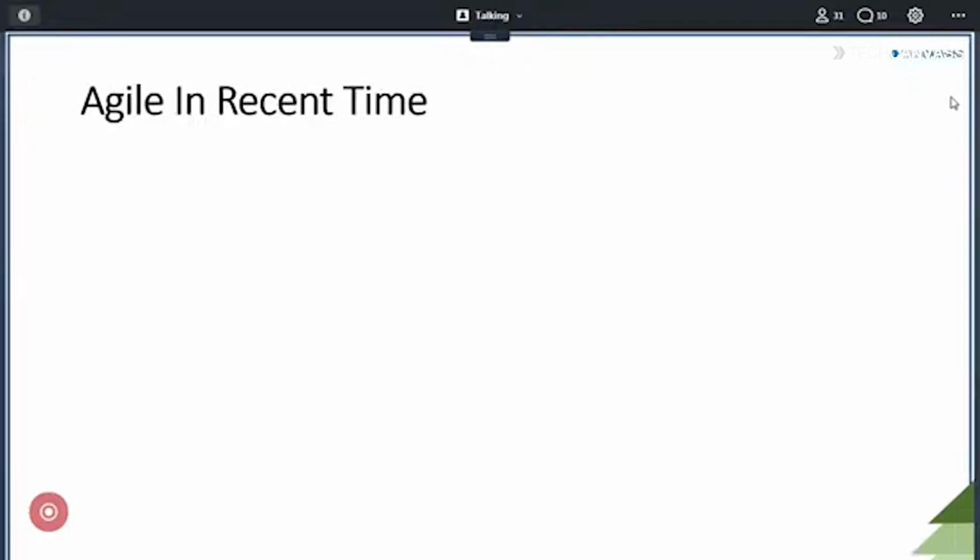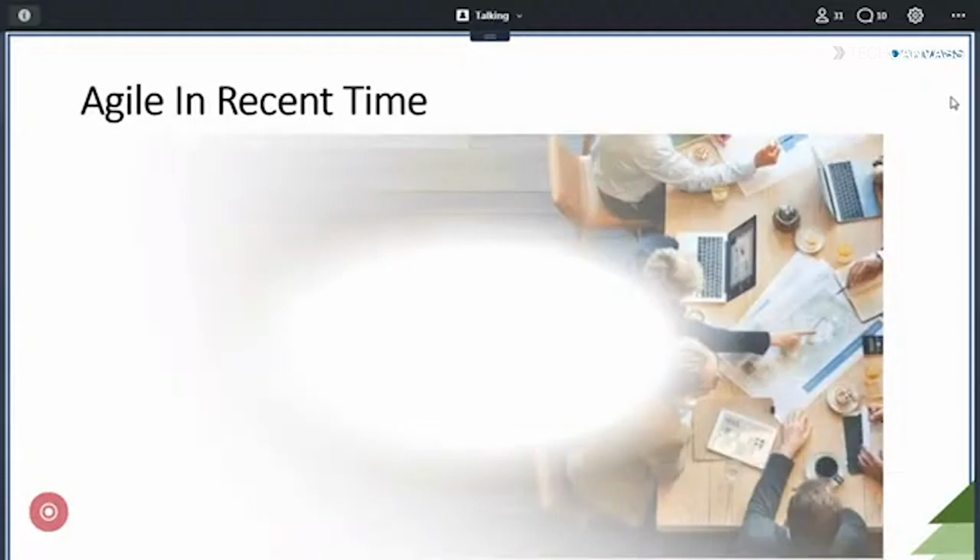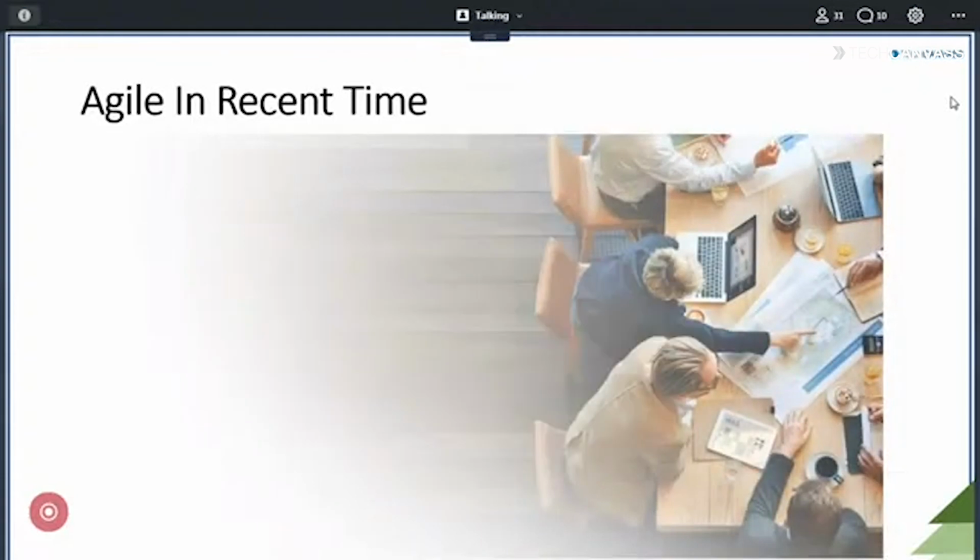So I'll start with Agile and its importance. For this, I will take the 14th Annual State of Agile report. While the report is widely available on the net, I have taken a few pointers for today's discussion on Agile adoption. The 14th Annual State of Agile report was released in May 2020, last year.